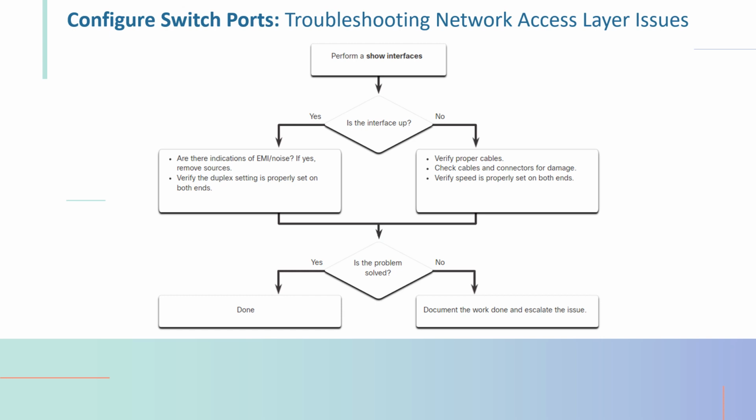If the interface is down, you have to check to make sure that the proper cabling is being used. You have to check the cable and connectors for damage. If a bad or incorrect cable is suspected, replace that cable.